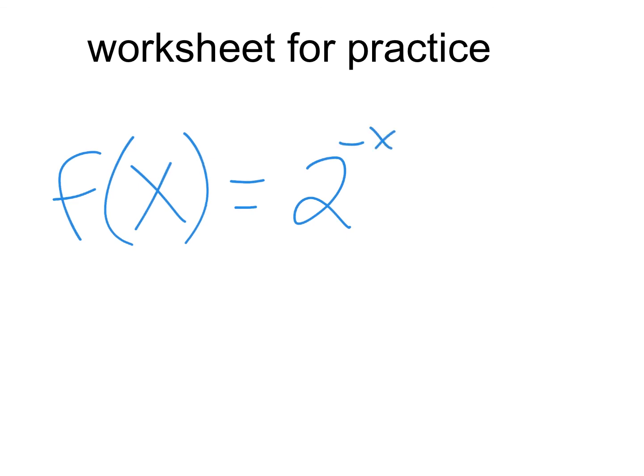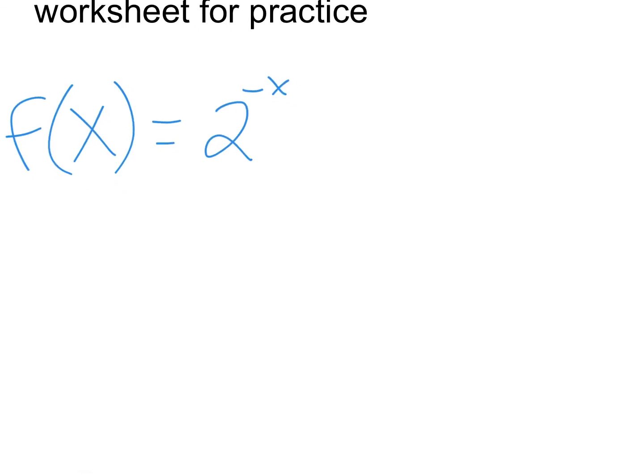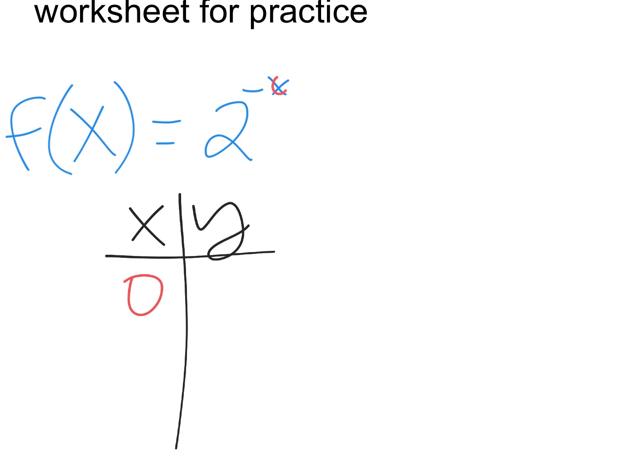Okay, good. Now, I got to graph it. Some thoughts. XY chart. Jack Lewinsky, give me a smart number to put in. I put in 0. What do you get out? Yep. And then I go to my graph, and I put 0, 1 on the graph.